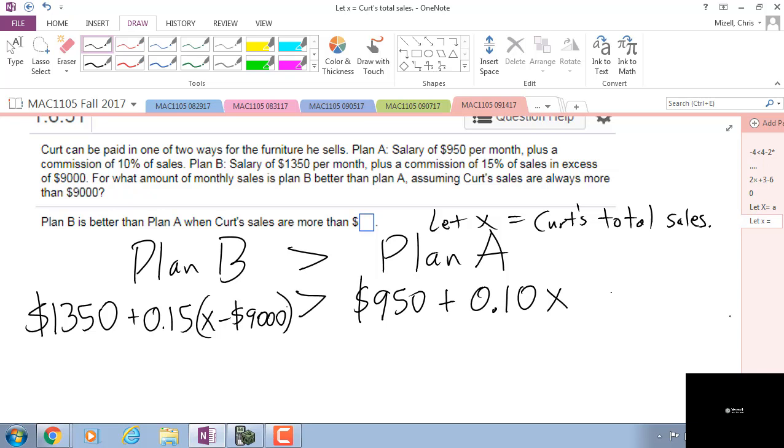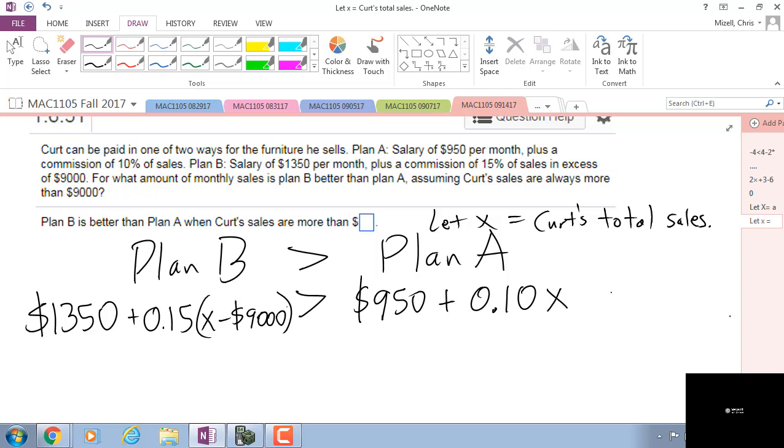Okay. So we're going to assume that Kurt's going to sell more than $9,000 worth of furniture in a given month. Otherwise, we would have to make some modifications to the way we're writing the left-hand side. So basically, we'll look at sales. We'll subtract $9,000 there.